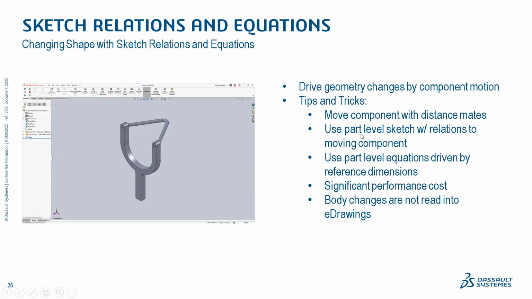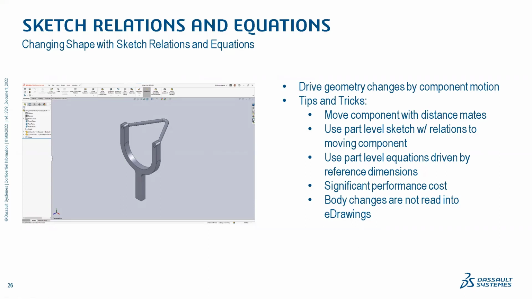And so some of the tips and tricks are to move the component with distance mates, to use part level sketches with relations to the moving component, and to use part level equations driven by reference dimensions, which reference the position of that moving component.